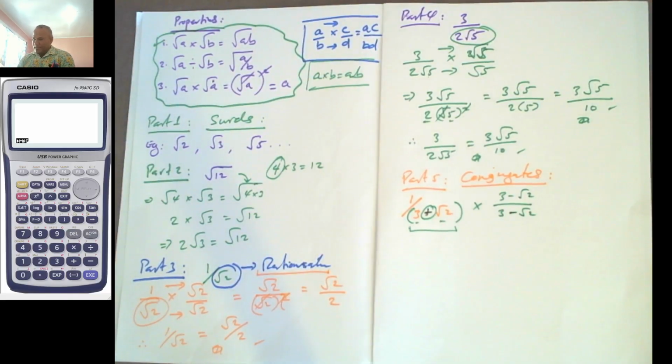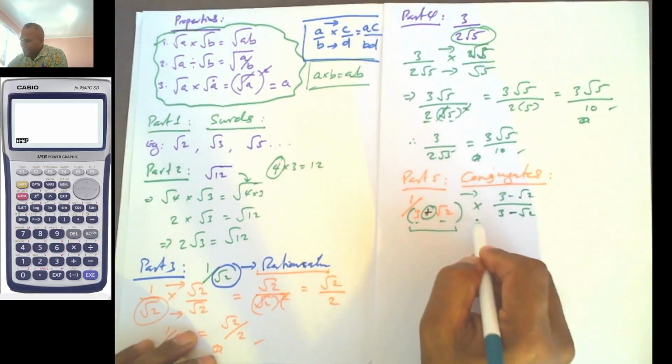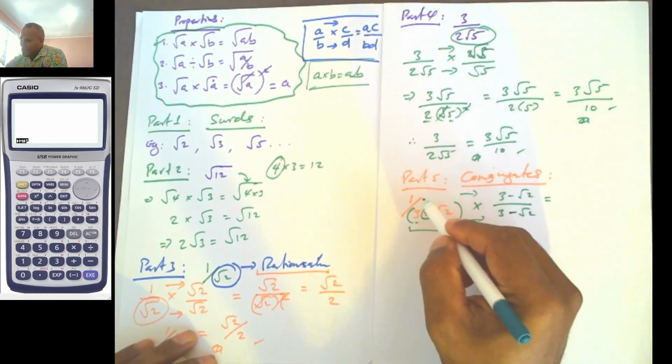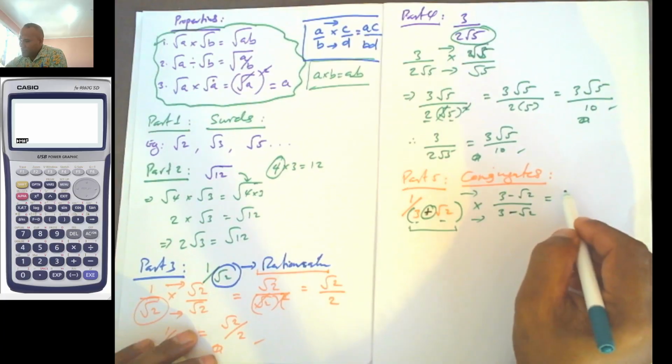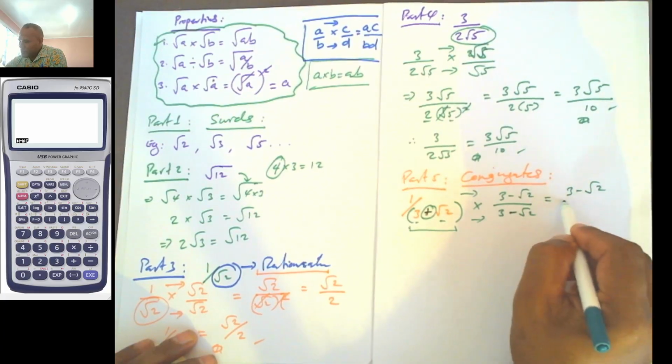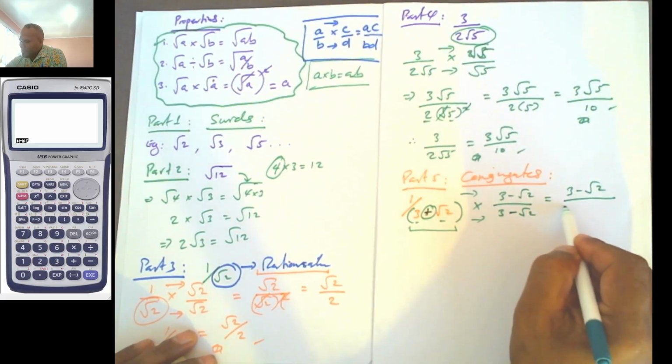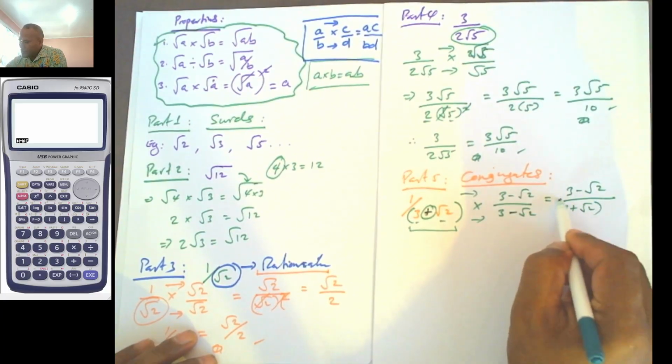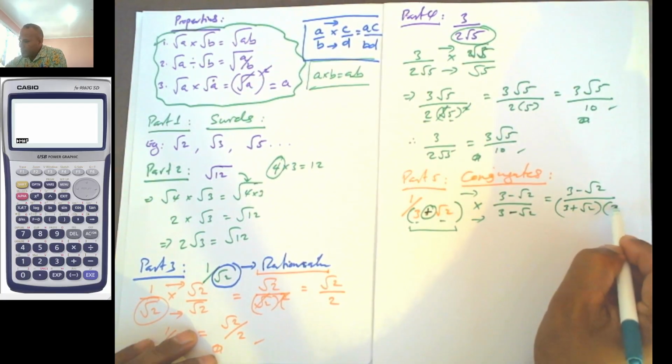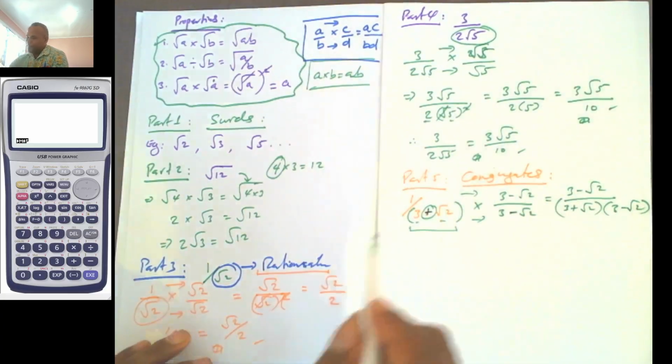Now let's simplify. Fraction times a fraction, we multiply straight. So 1 times 3 minus square root of 2 is 3 minus square root of 2, over 3 plus square root of 2 times 3 minus square root of 2.